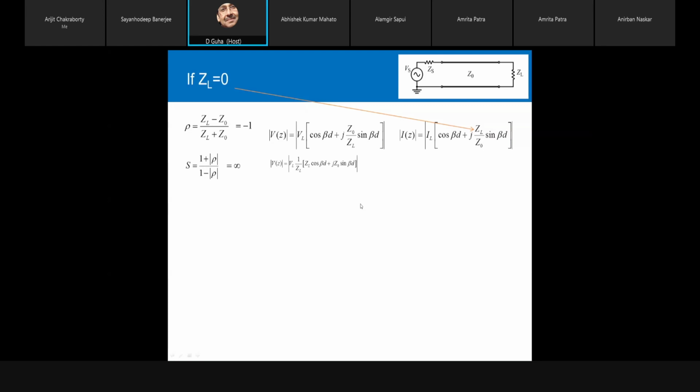So to make it mathematically stable, we reorganize the right hand side of the voltage equation a little bit.